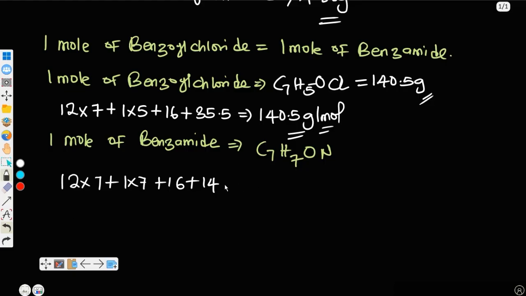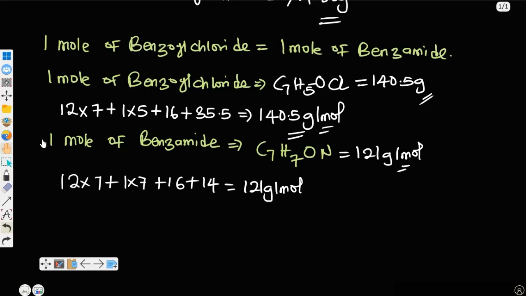That will give us 121 gram per mole. So this equals 121 gram per mole. Is that okay? Now that you have done this, 1 mole of benzoyl chloride gave 1 mole of benzamide.